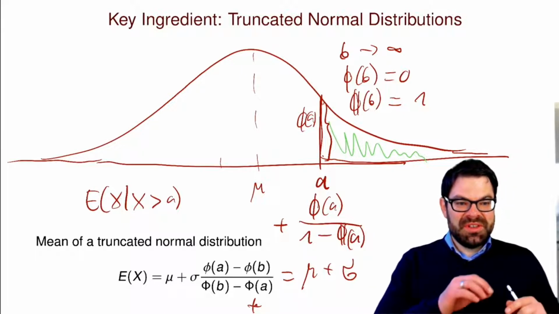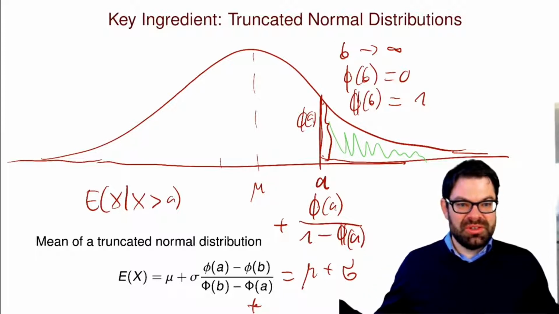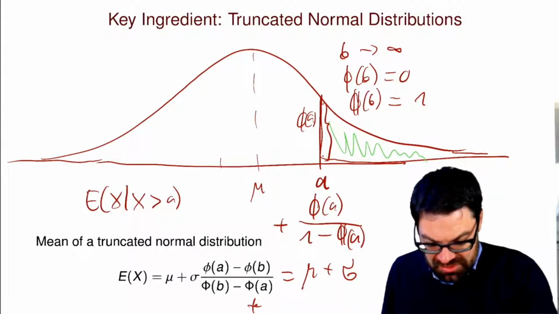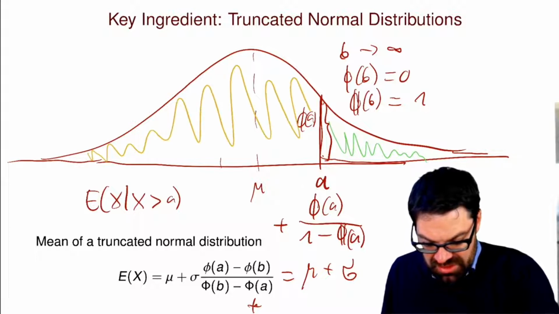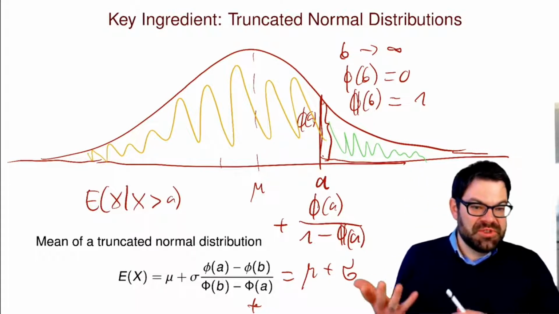So we take the entire distribution minus everything up to A, and that gives us the green surface.